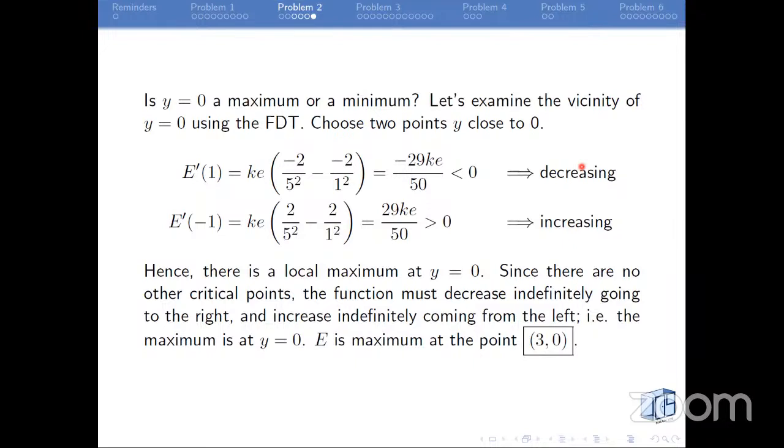So, ano po ulit yung FDT? First derivative test. Kukunin mo yung first derivative ng given function, tapos you're going to determine the behavior of the graph using the first derivative test. Halimbawa, meron kang f of x, f prime of x. Hanapin mo kung ano yung mga x na magiging 0 si f prime of x.